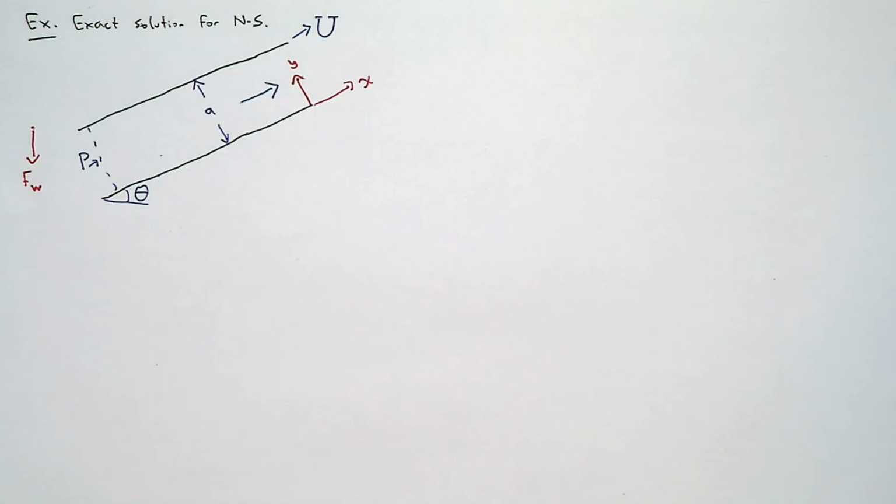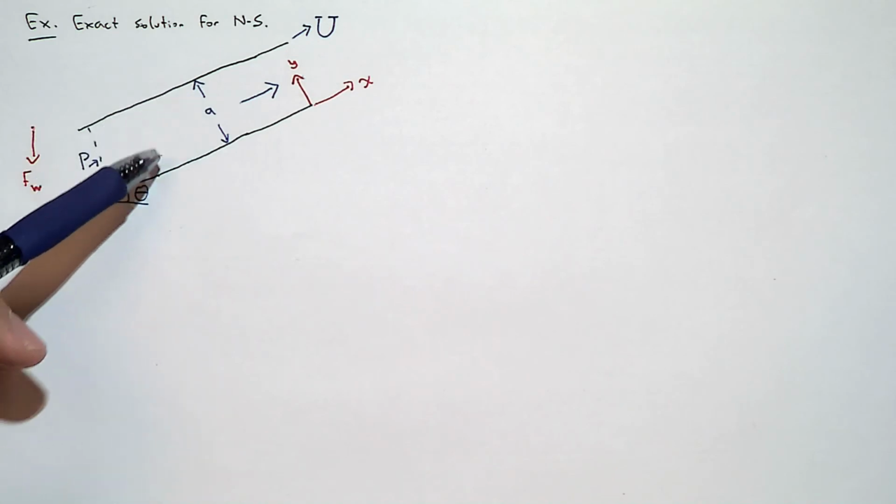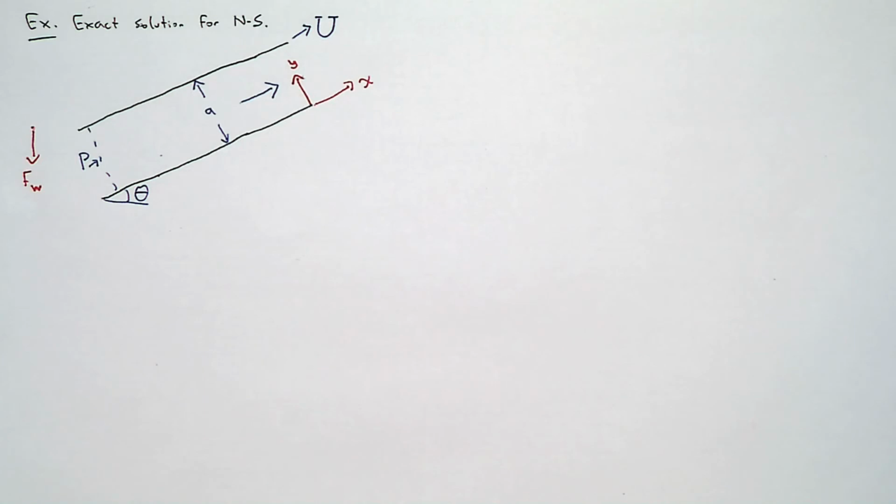I think it's going to look like something that's trying to make an S, but failing at it. Who knows? But it's okay, because we're going to find the equation that describes that velocity profile exactly. And then all you have to do is plot it and figure out what that velocity profile looks like.